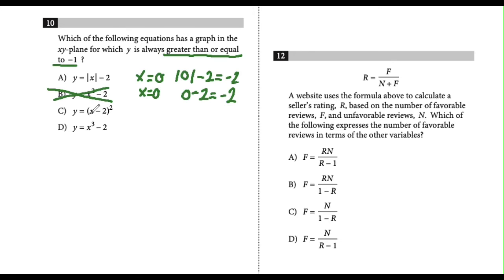So this answer choice C does fit the criteria of being greater than or equal to -1. So we'll say maybe. And then we can look at answer choice D. And similar to answer choice A and B, if we plug in x equals 0, we're going to end up with -2, which is not greater than or equal to -1. So the answer for number 10 is answer choice C.